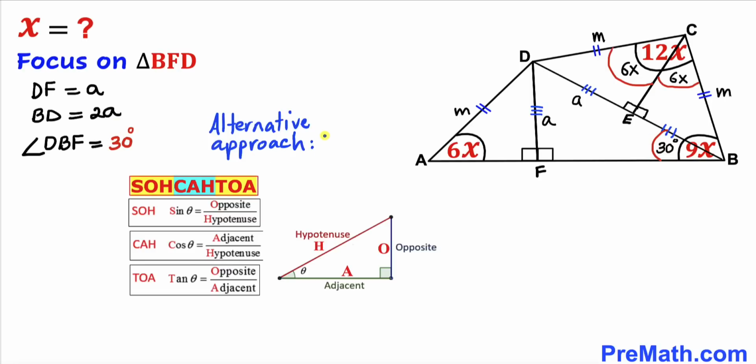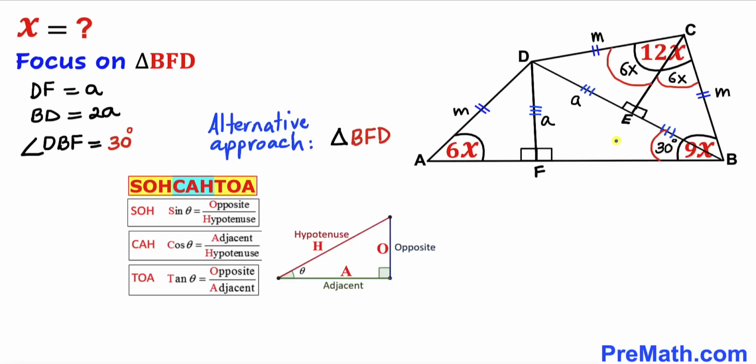Now let me show you an alternative approach by using SOHCAHTOA. Let's assume that in this triangle BFD, this angle is theta. Then this side length is going to be our opposite, and this longest side is going to be our hypotenuse. So we are going to use sine of theta, opposite divided by hypotenuse. We know our opposite side is a, and our hypotenuse is 2 times a, since a plus a makes 2a.